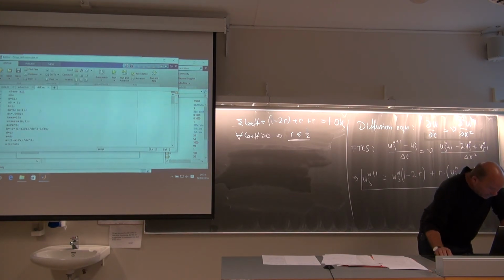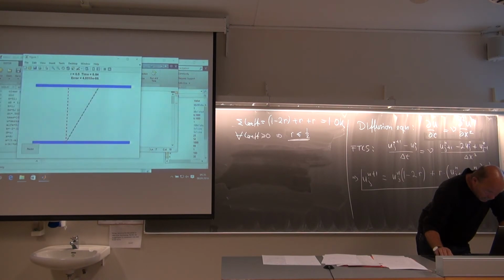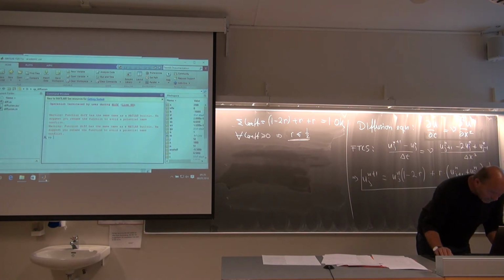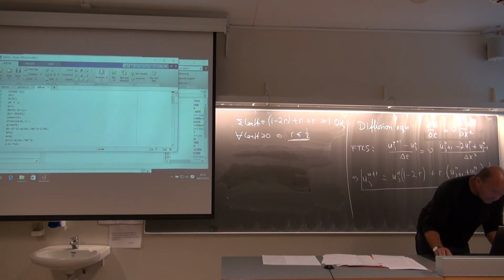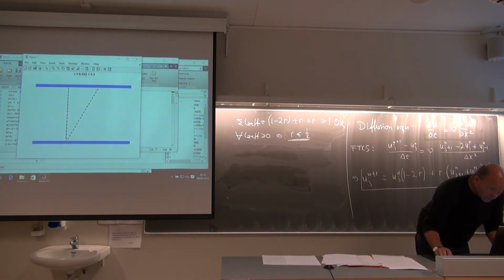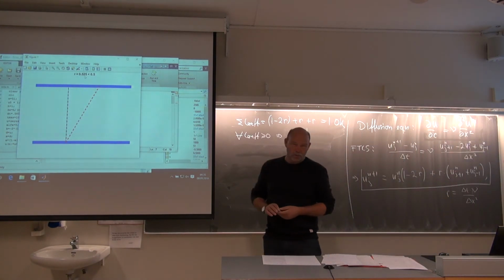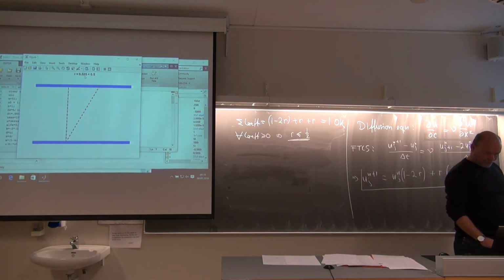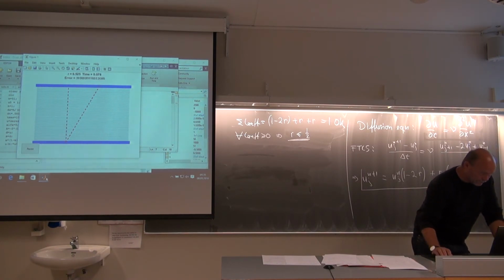Now let's try to increase delta t a little bit. It's still running. A little bit bigger. Now it says 0.525. It's not smaller than 0.5. So this is a little bit above the stability criterion. And yes, it explodes.